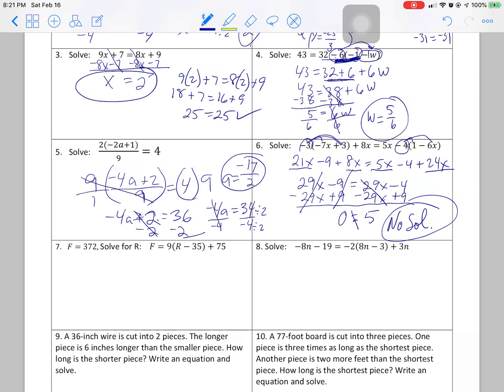get that out of the way. This one has a formula that we're going to substitute for f, okay, as in Frank. We're solving for r, which is right there. So we need to start by substituting this number for the f right here and writing everything else down.